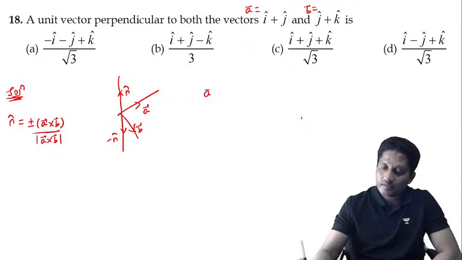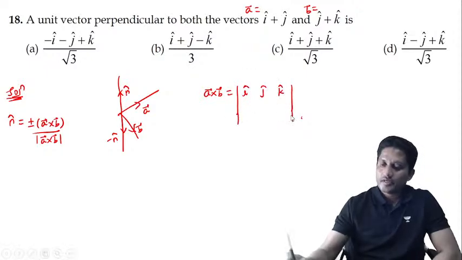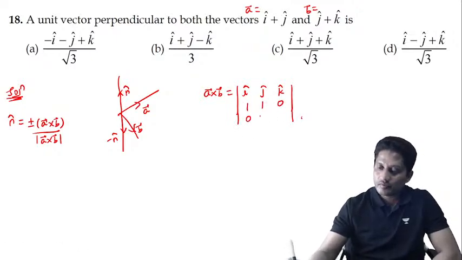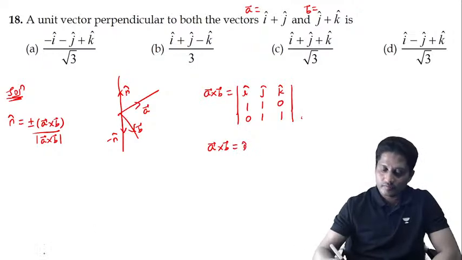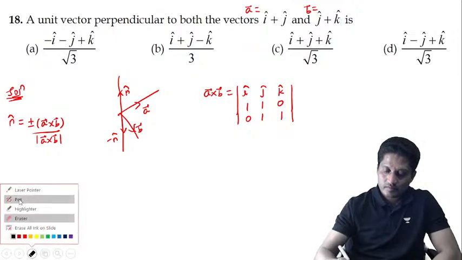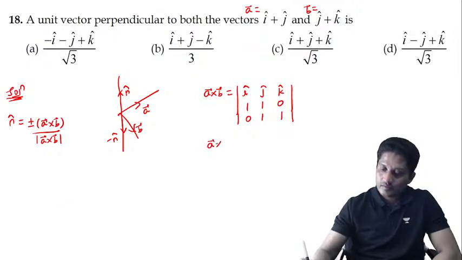Okay, A cross B is equal to determinant components of ijk. Components of A will be equal to 1, 1, 0. Components of B will be equal to 0, 1, 1. Okay, A cross B is equal to I into delete first row first column, you will get 1.